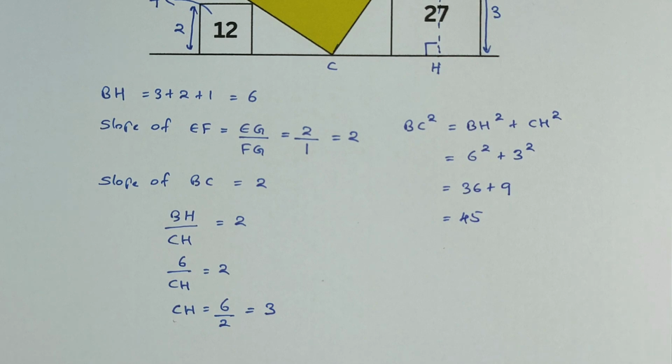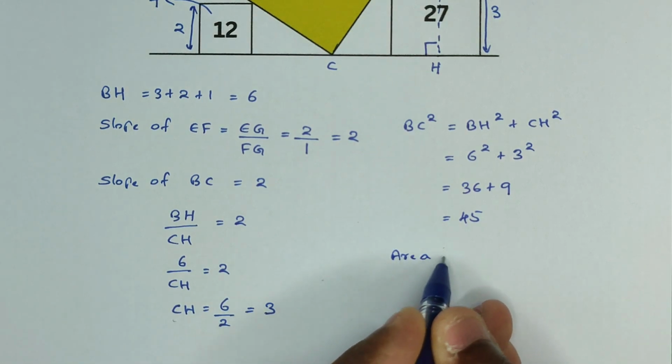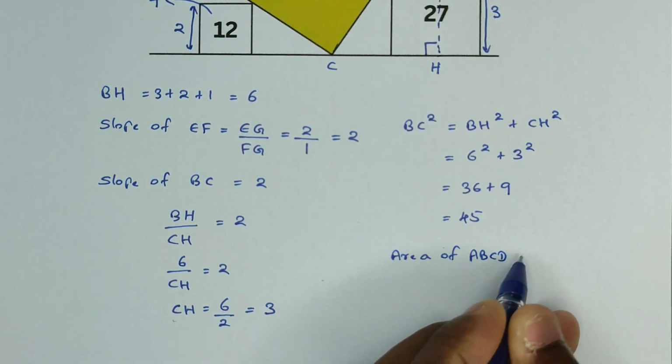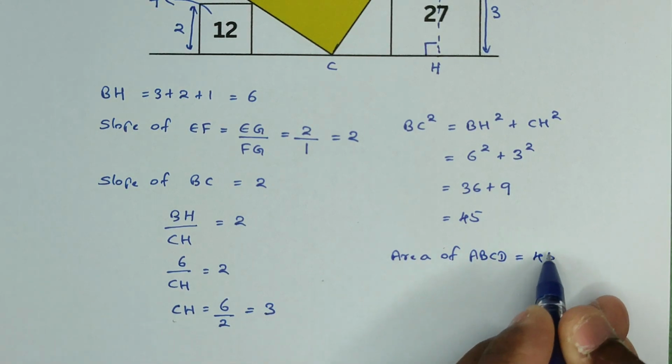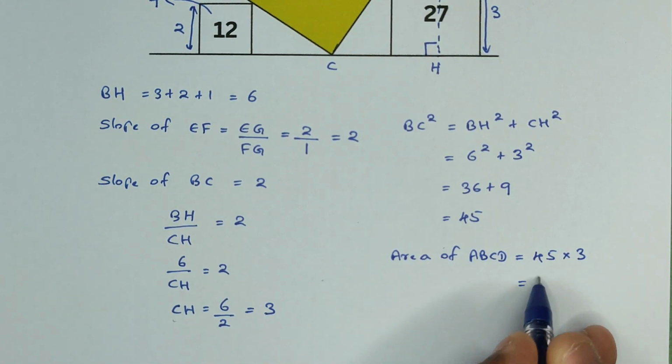Now, don't forget we reduced our entire setup by 3 times, so we have to multiply 45 by 3 times to get this setup back to normal. So the area of this yellow square is 45 times 3, which equals to 135 square units.